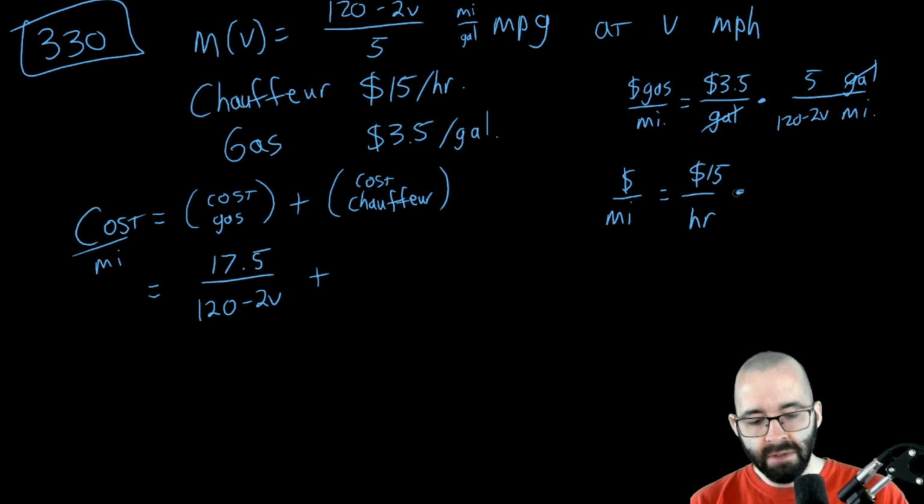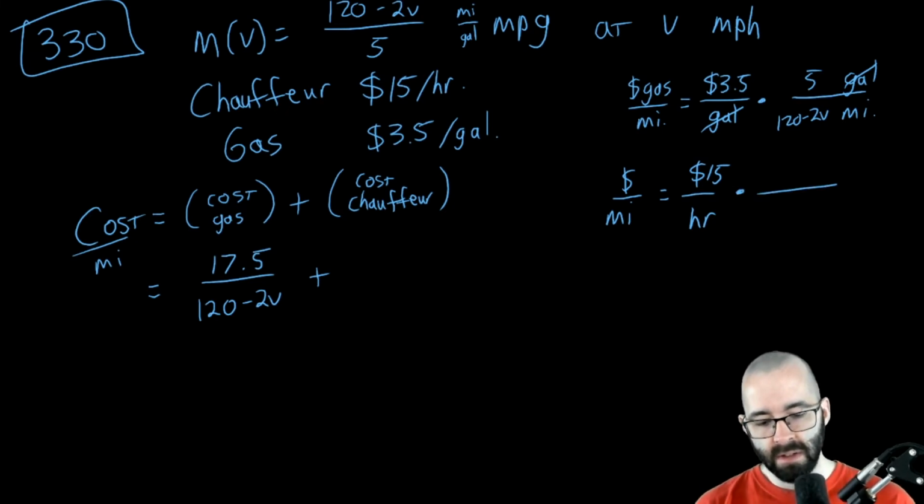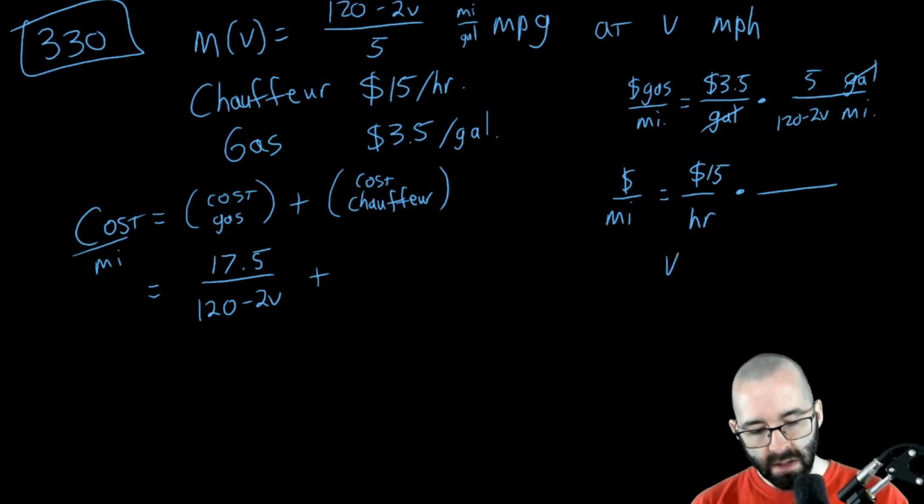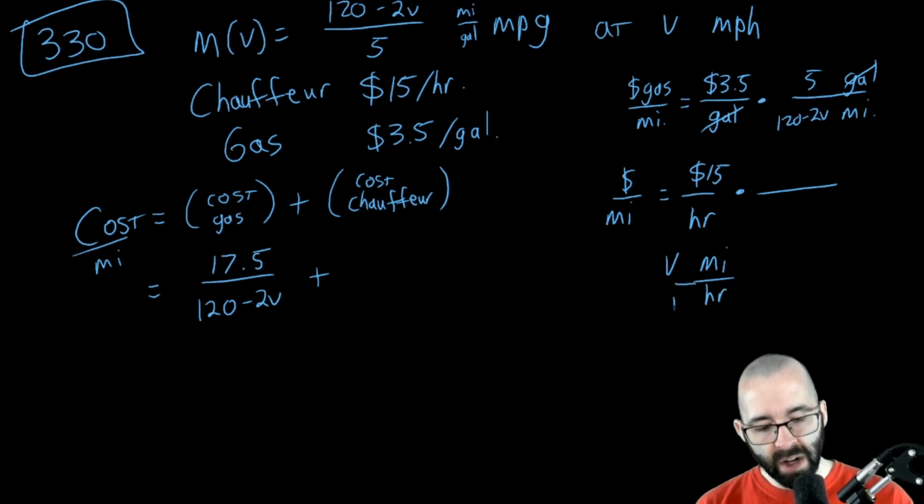So we need to convert the relationship between those hours and those dollars. Well, the hours and the miles have to do with the velocity, right? We're going V miles every 1 hour.